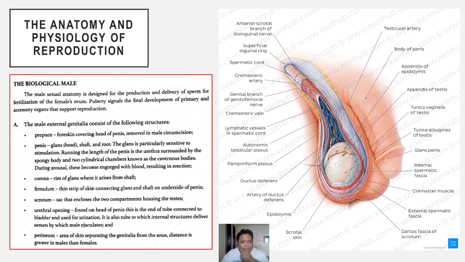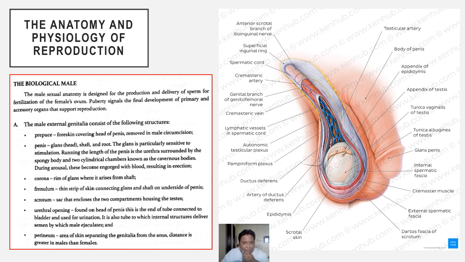Okay, next is the corona. The corona is the rim of the glans where it arises from the shaft. The next one is the frenulum, the thin strap of skin connecting the glans and shaft on the underside of the penis.